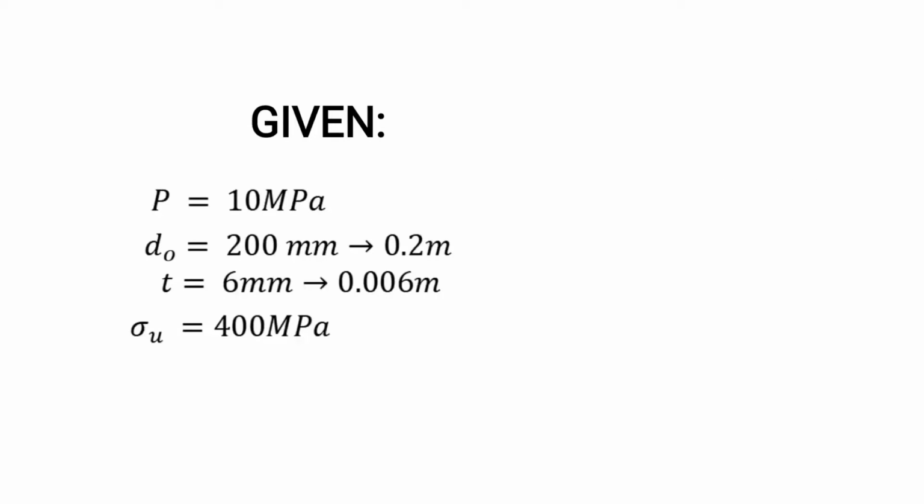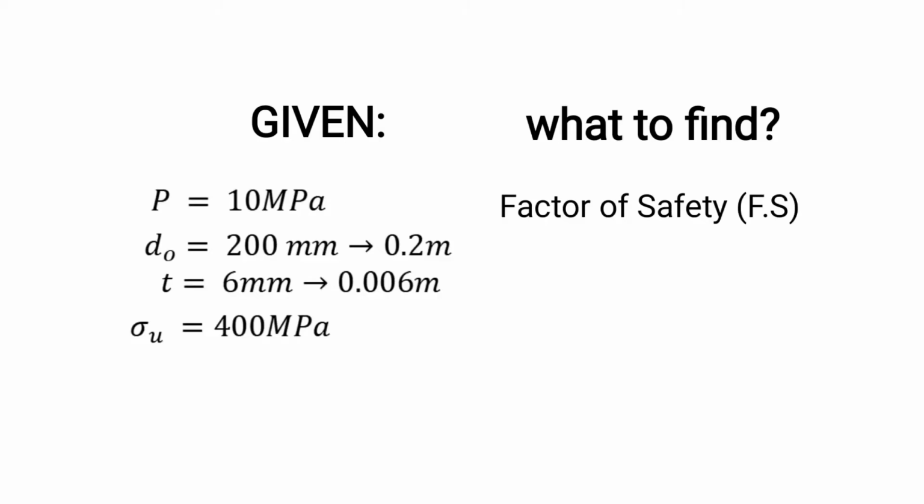We are given a maximum pressure of 10 MPa, an outer diameter of 200 mm, which is converted to 0.2 meter, a wall thickness of 6 mm, which is converted to 0.006 meter, and an ultimate stress of the steel of 400 MPa. We're going to find the factor of safety.